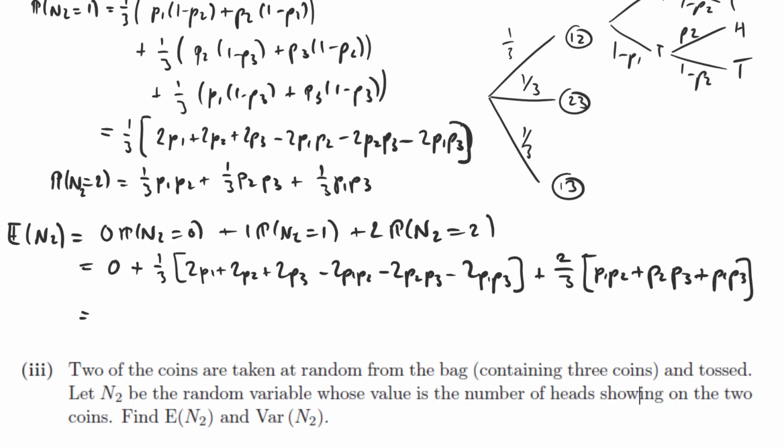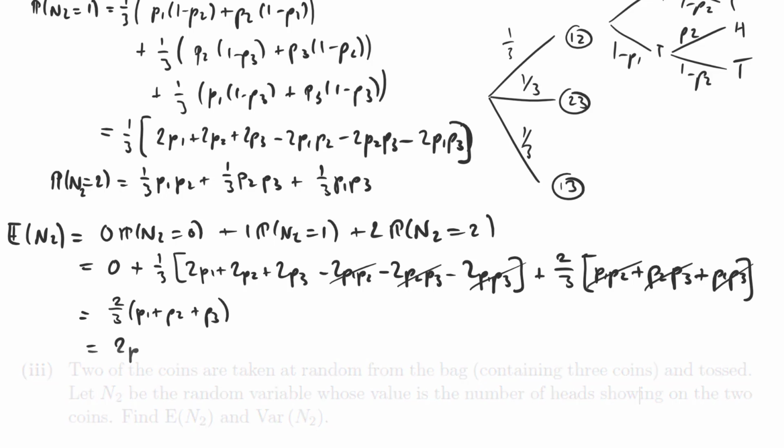And so actually what we see here is that these terms all cancel out, and we're just left with 2/3 (p1 plus p2 plus p3), which is 2p, exactly as before.